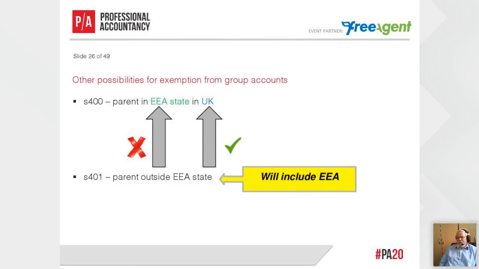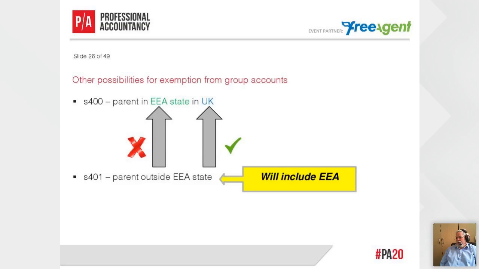So moving on to those particular aspects with regard to 400 and 401. What we're talking about here is where the results of the UK parent and its subsidiaries are effectively consolidated further up the chain. So under section 400, the parent has to be in the EEA. 401 is if the parent is outside the EEA.